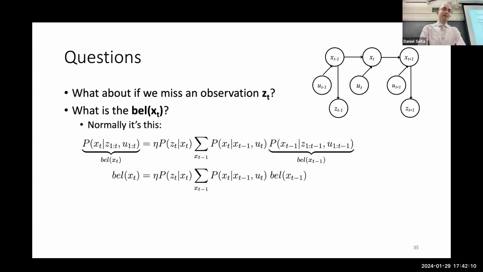Normally, it's like this. This is the normal formula, which I just copied and pasted here: the belief of xt equals some normalizing constant times this thing, multiplied by the weighted sum of the prior belief and the transition probability of going from xt minus 1 to xt.